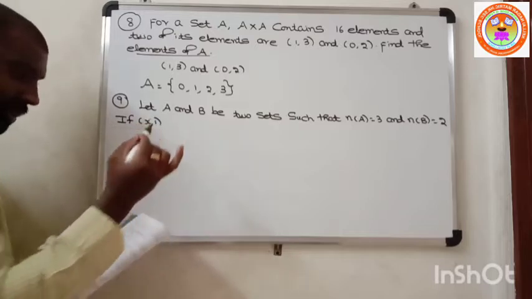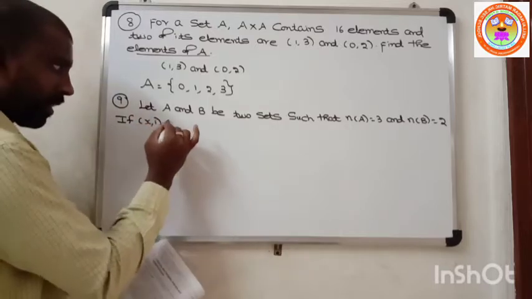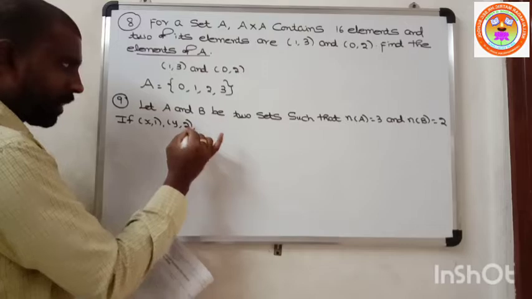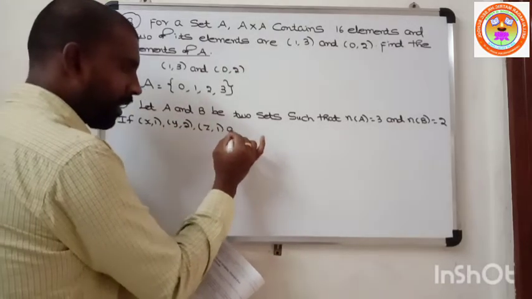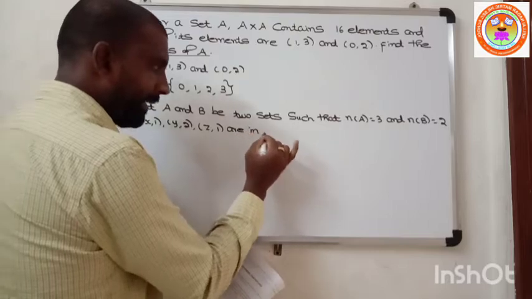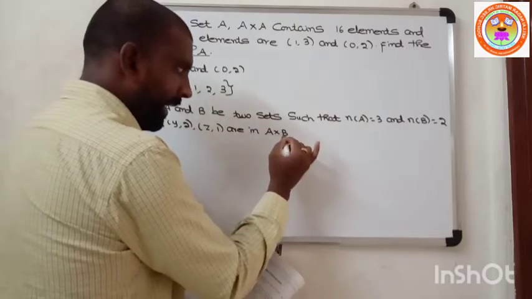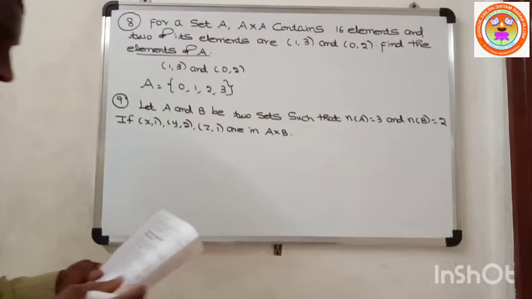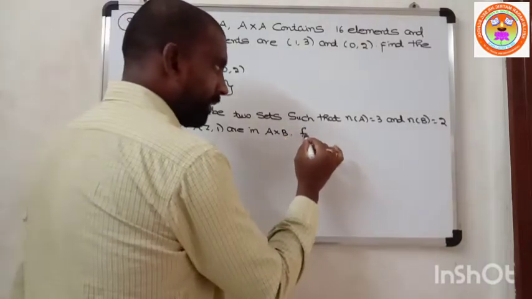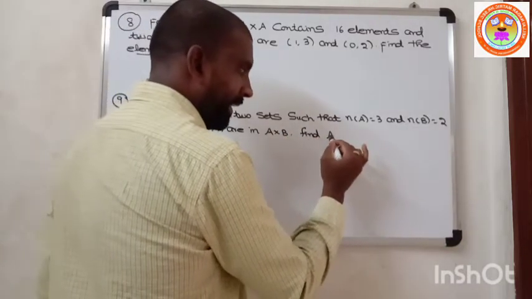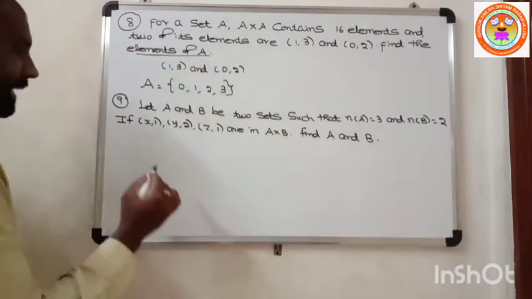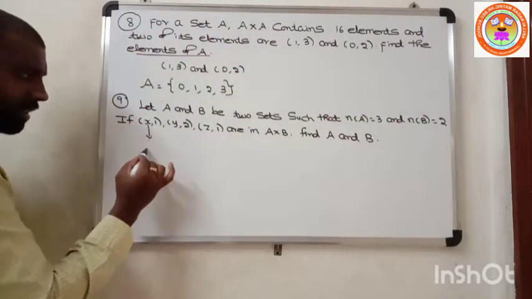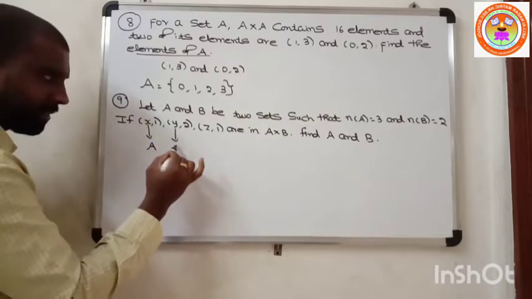If (x, 1), (y, 2), (z, 1) are in A cross B, find A and B. A containing first element.